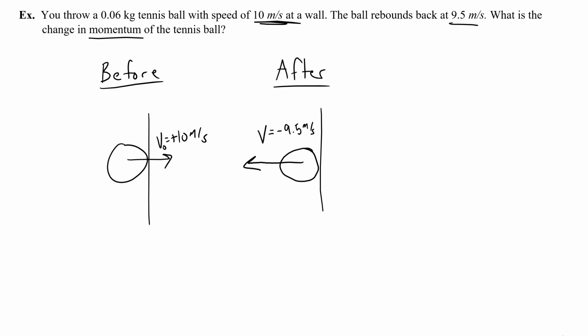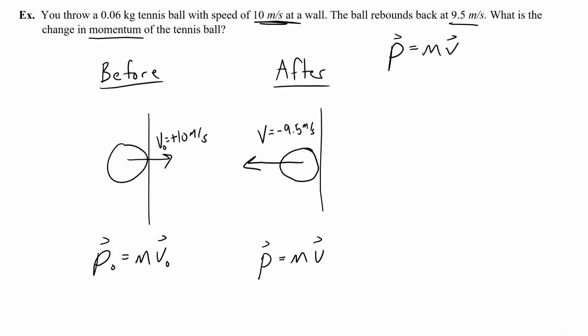So what do I need to use these velocities for? Well, remember that the momentum of an object is its mass times velocity. And if I want to find the change in momentum of the object, all I have to do is figure out what's the momentum in the beginning, or p naught, which would be m v naught, and then the momentum at the end afterwards, or just p, m v.